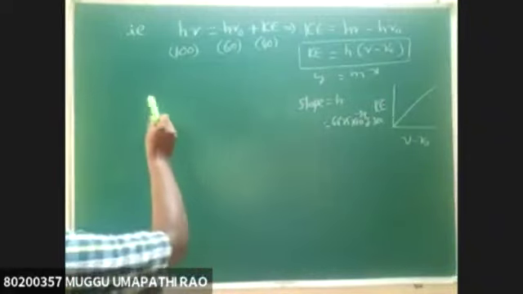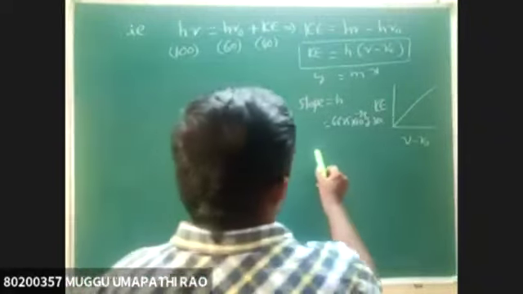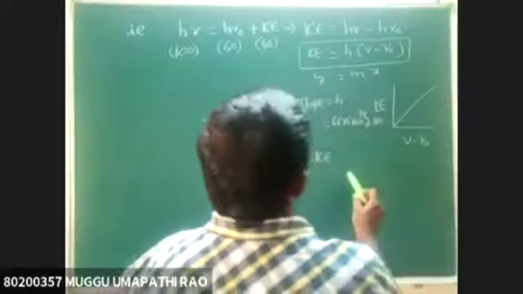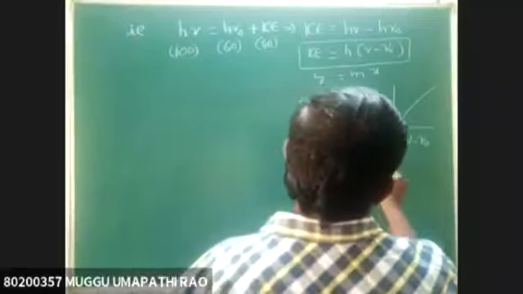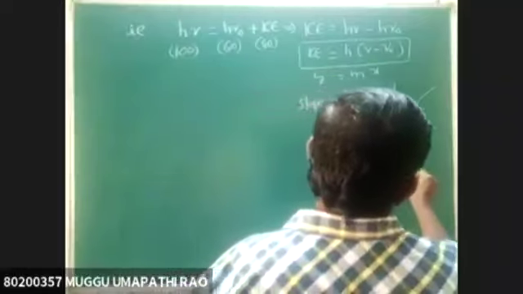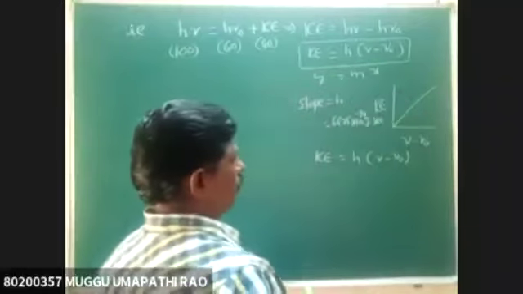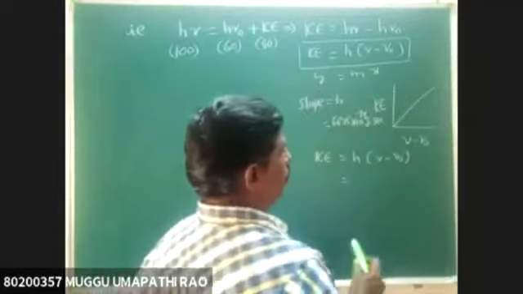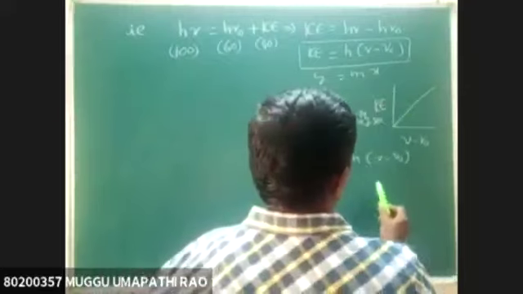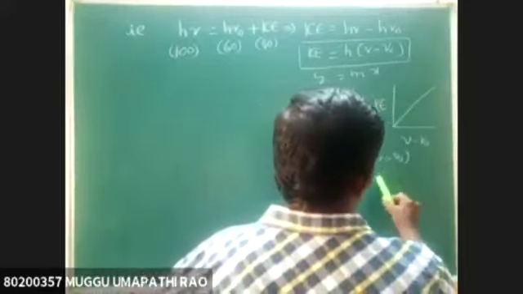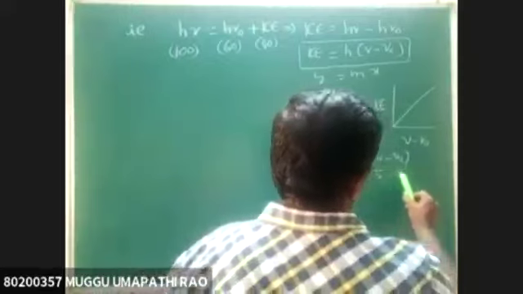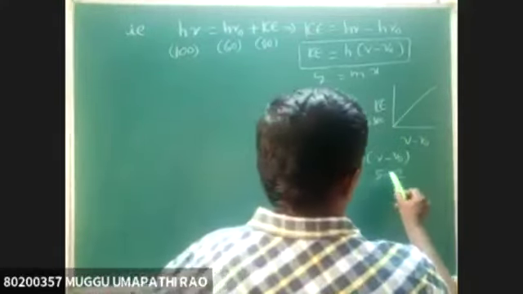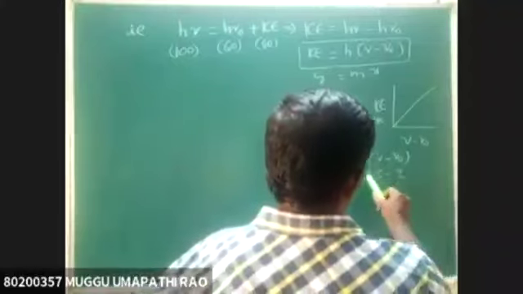And I am going to say one more thing here. K is equal to h into (ν − ν₀). Listen carefully, very interesting point. Suppose the frequency of light is 5, let us consider, and ν₀, the work function value, is 2. Then 5 − 2, that is 3h.